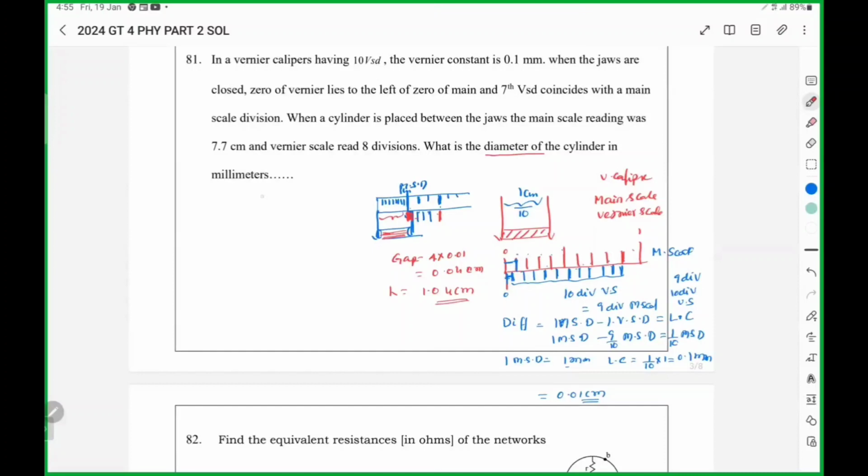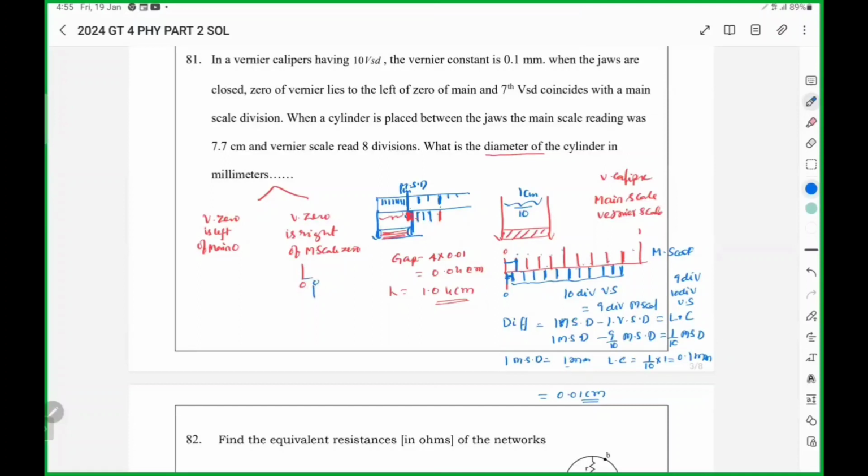Now here there are two cases. One case is vernier 0 is left of main scale 0. The other is vernier 0 is right of main scale 0. Suppose here it is vernier 0 and here main scale 0.